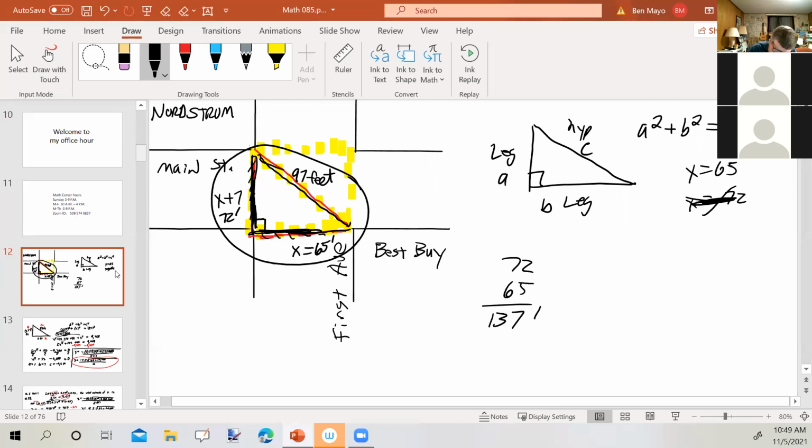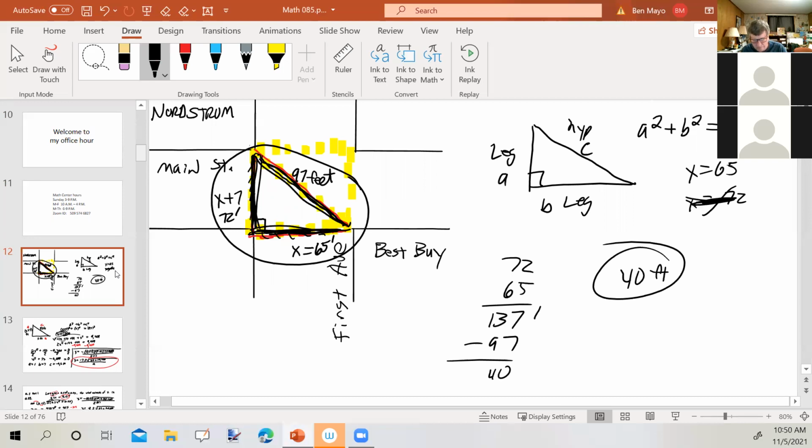Using the diagonal crosswalk, 97 feet, 40 are left, or 40 is left. So how many feet do they save? 40 feet. So by walking the diagonal instead of the two other crosswalks together, they save 40 feet.